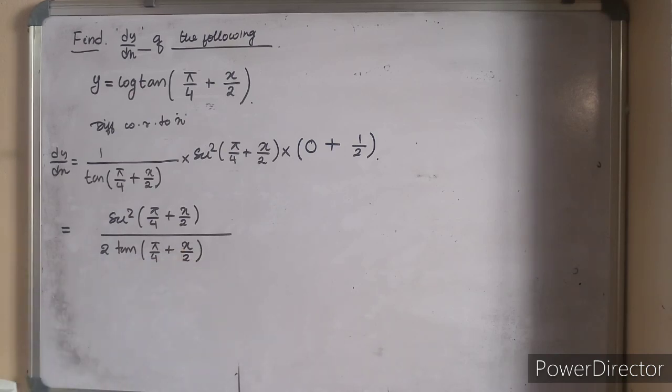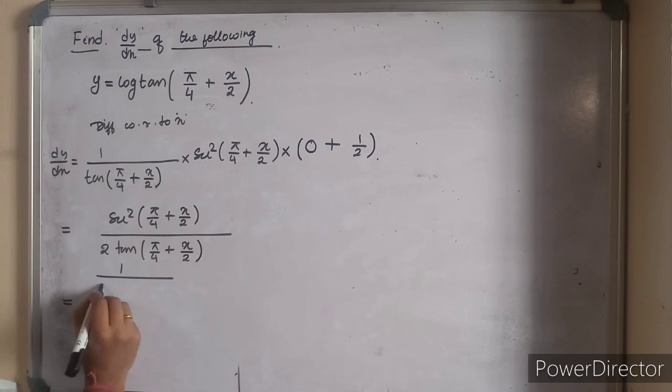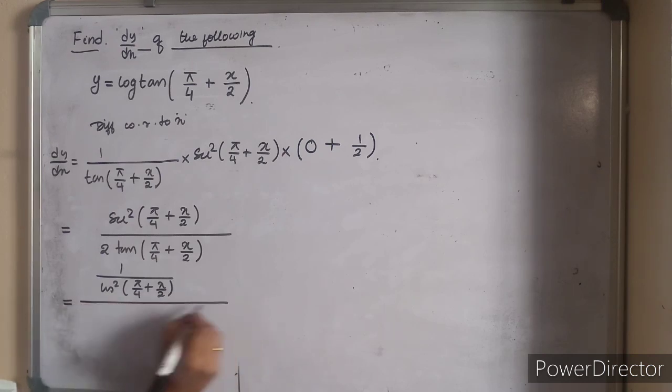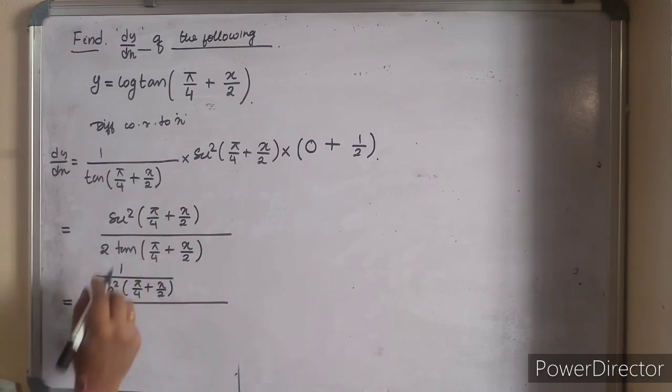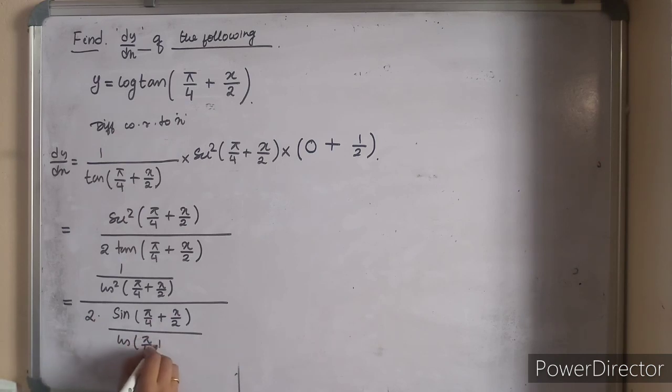Now in this question I'll tell you how to simplify the answer. Trigonometric simplification also I'll do. Now the simplified answer I'll try to calculate. Sec square means can I write 1 over cos square of pi by 4 plus x by 2, divided by 2 into tan, which we can write as sine of pi by 4 plus x by 2 over cos of pi by 4 plus x by 2.